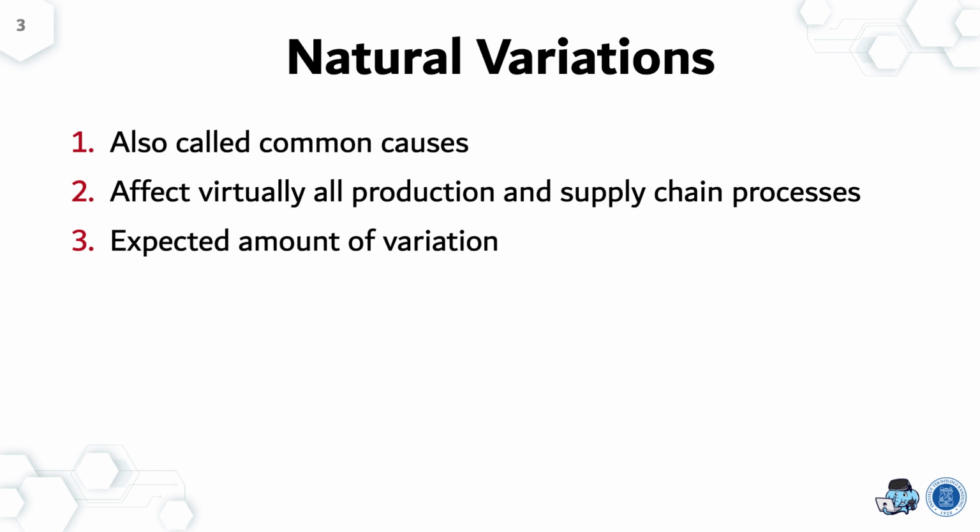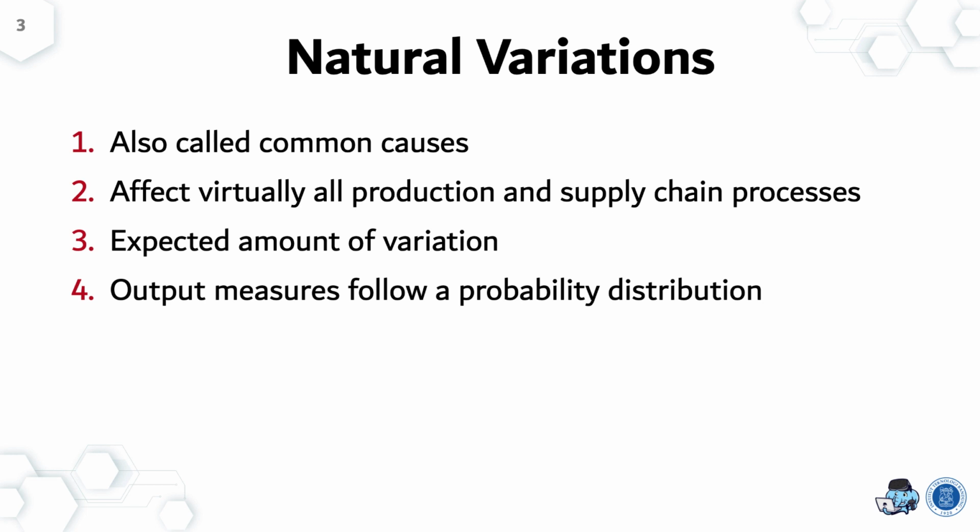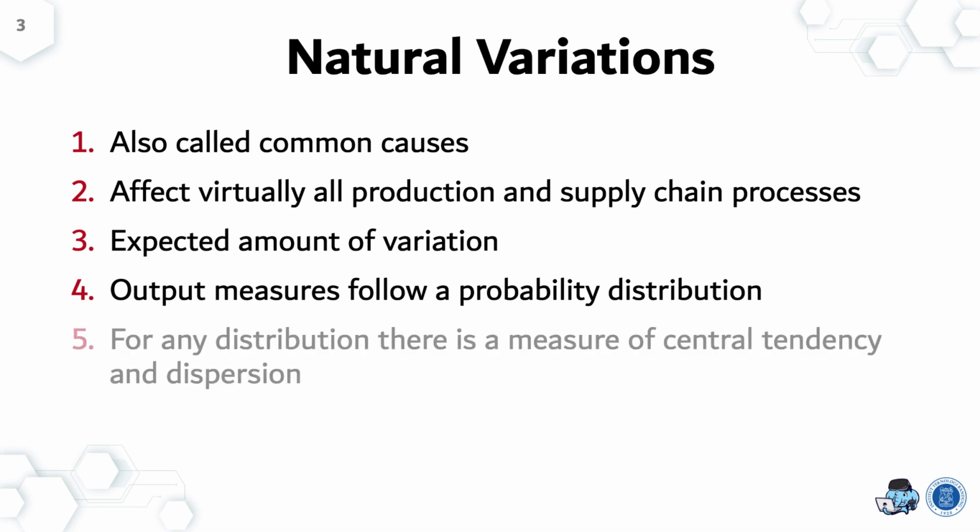We can only expect the amount of variation, predict the amount of variation, and create a distribution of the variation. The output measure of this natural variation will follow a probability distribution. Generally, it will follow a normal distribution. For any distribution, there is a measure of central tendency and dispersion, or in statistics we usually say this is mu and sigma.